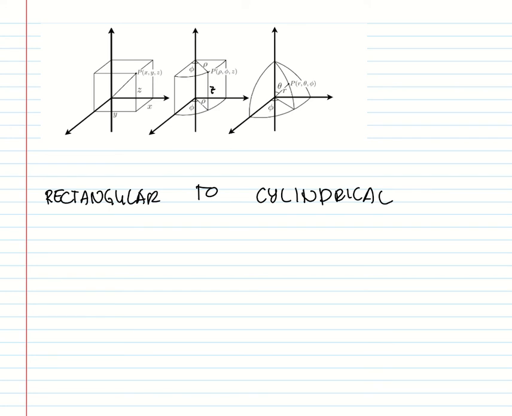We're given a point x, y, and z. We need to determine the values of this coordinate in terms of rho, phi, and z. First, we need to solve for rho. What is rho in terms of x and y?